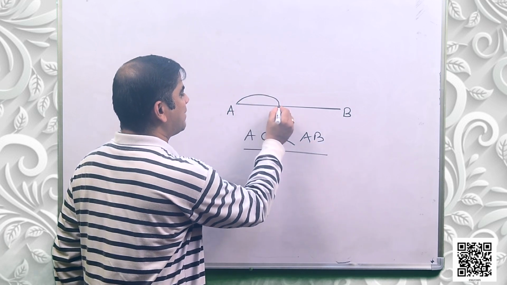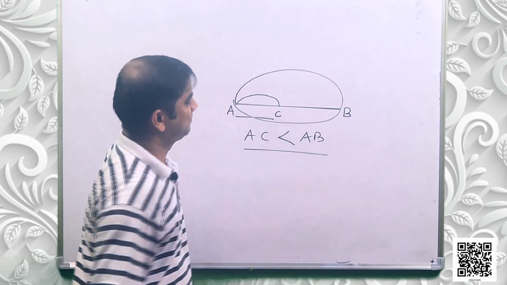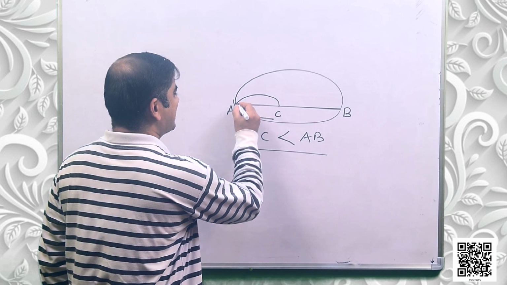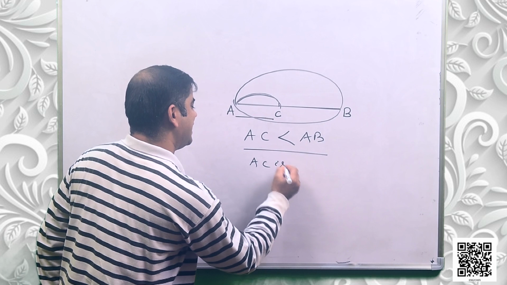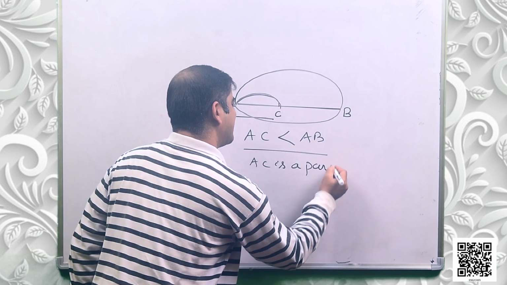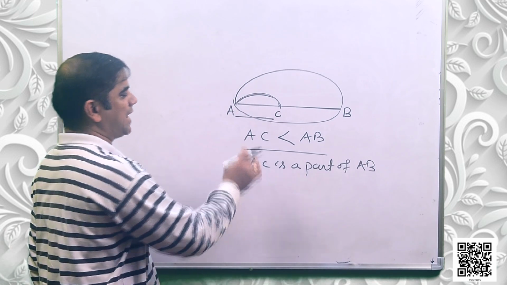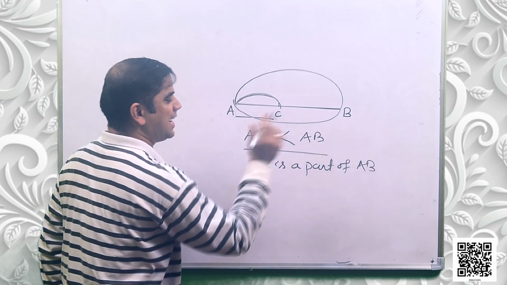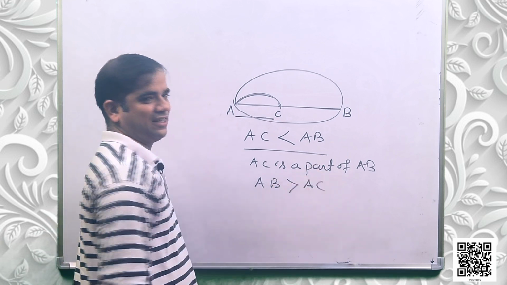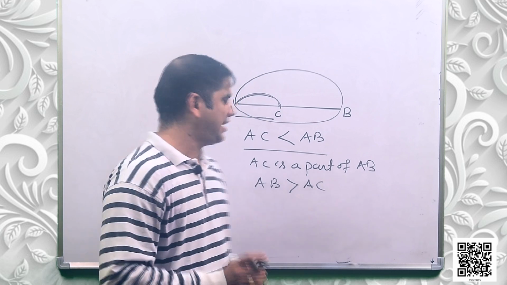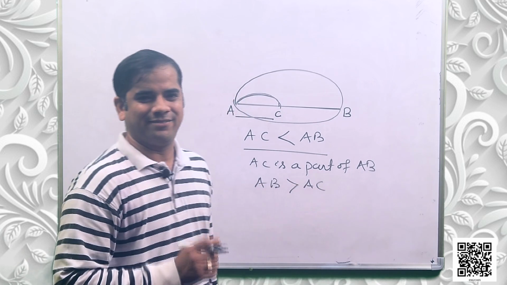AC is nothing but a part of the whole. That means AC is a part of AB, and it is obvious from the diagram that AC is less than AB, or I can say AB is greater than AC. So it is a universal truth that a whole is always greater than a part.